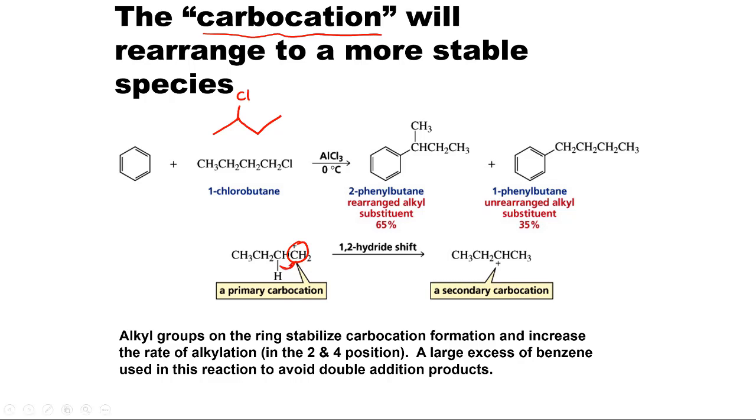alkyl benzene. Now, one of the other things that is generally wrong with this reaction, and we'll talk about this more in the next section, is that once you put an alkyl group onto a benzene ring, like this, these are electron donating groups.